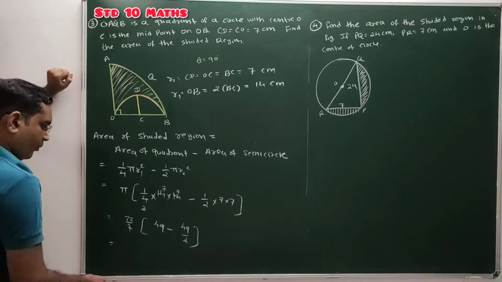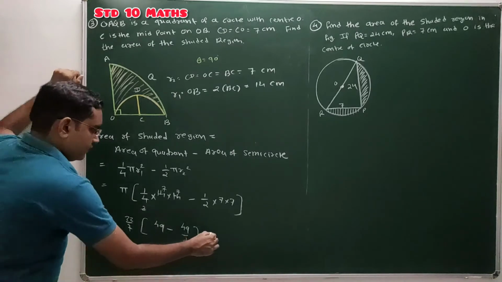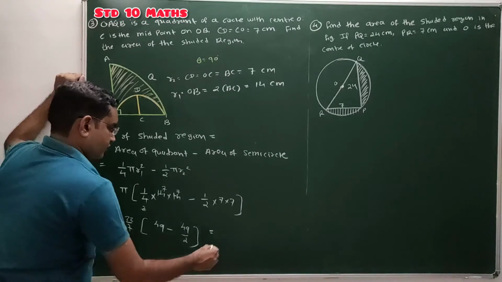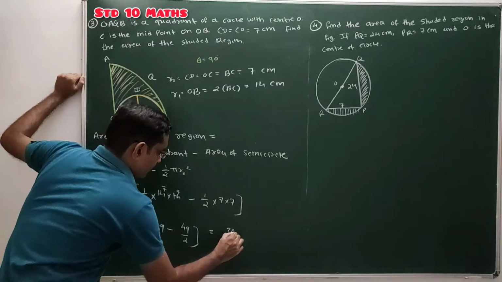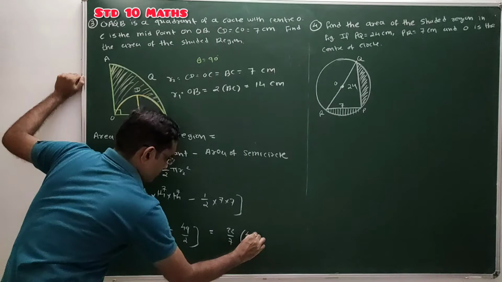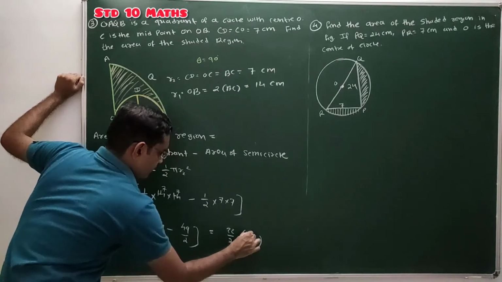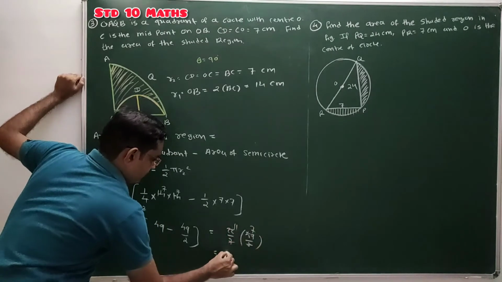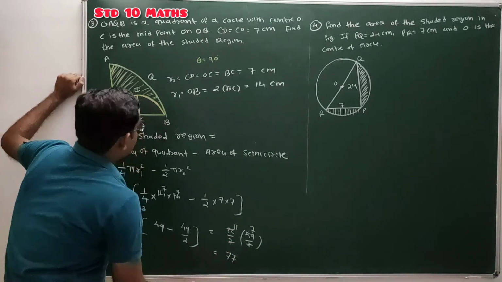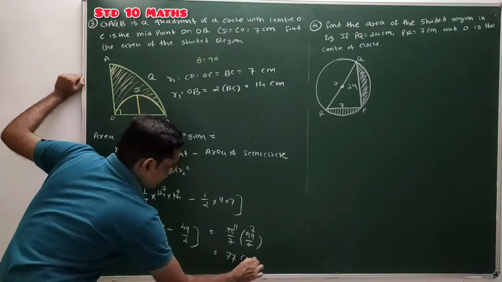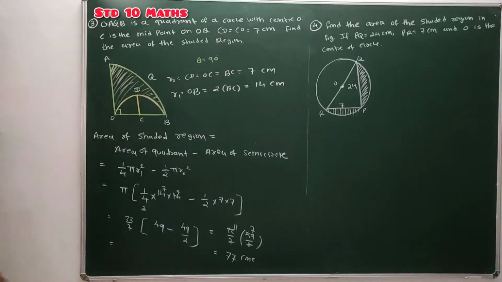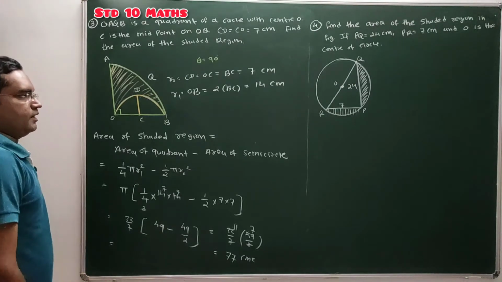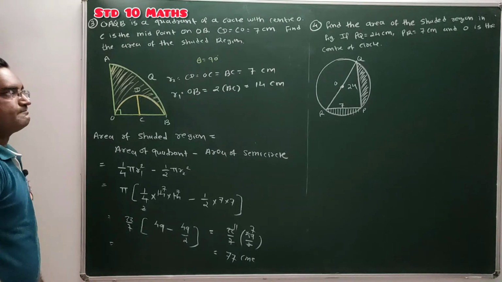Simplify this: 49 2s are 98 minus 49, so it's again 49 by 2. So 22 by 7 into 49 by 2. 7 7s are 49, 2 11s are 22. So 11 7s are 77 centimeter square. 77 centimeter square is the area of this shaded region. Clear? So area of the shaded region is 77 centimeter square.